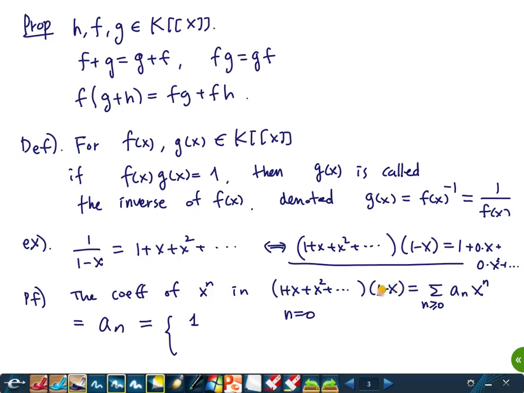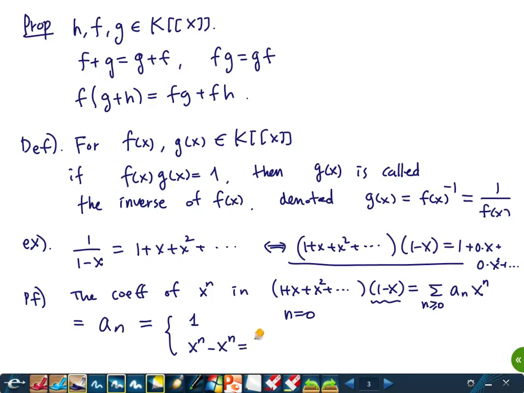Otherwise, here you have two choices. You can choose either 1 or minus x. What happens if you choose 1? If you choose 1 over here, you have to choose x to the n. Or if you choose this, in order to get x to the n, you have to choose minus x to the n.